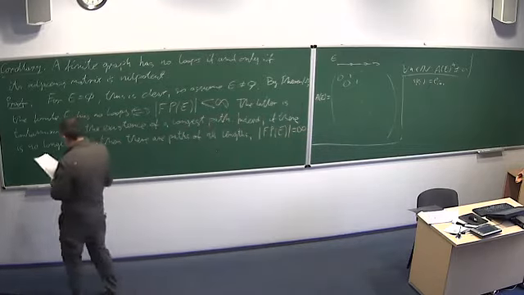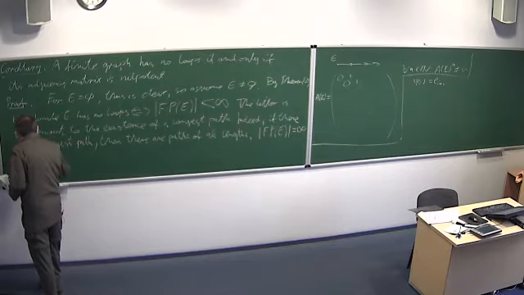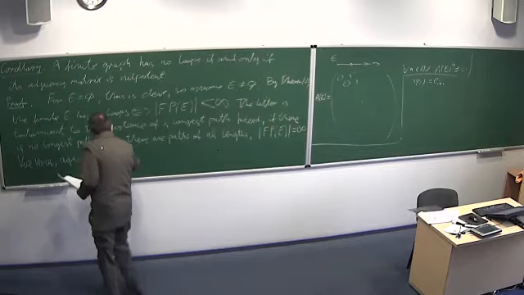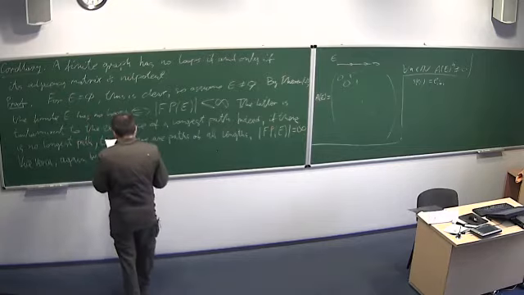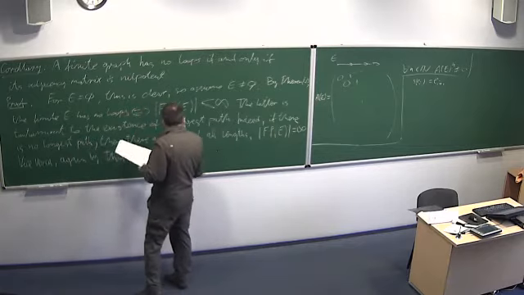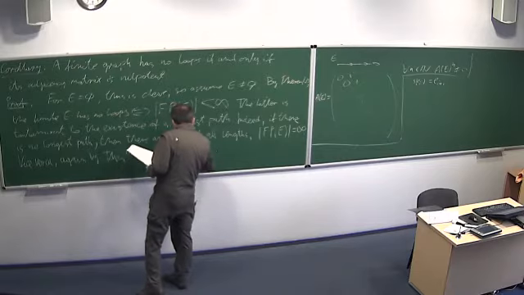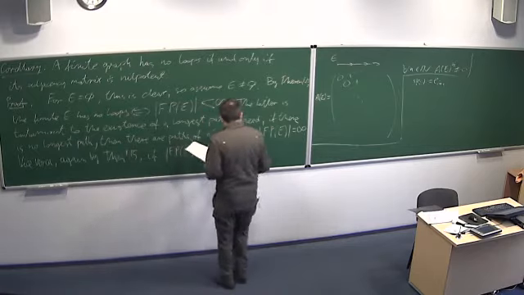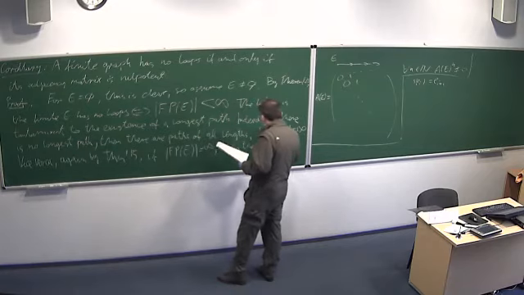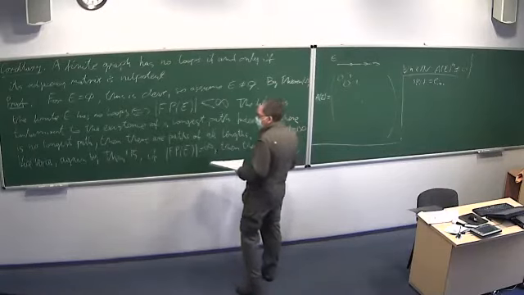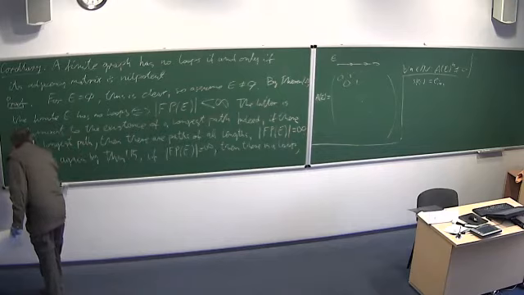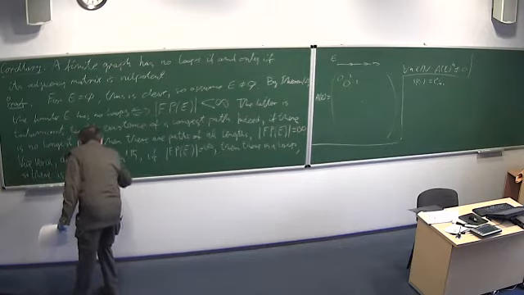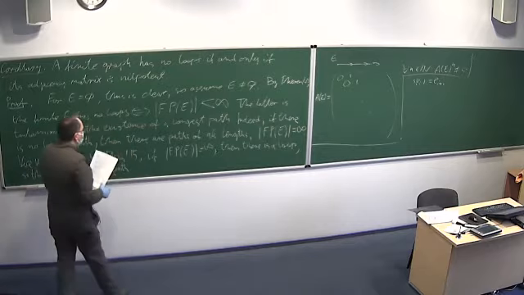And vice versa, again by theorem 115, if FP is infinite, then there is a loop. So there is no longest path.